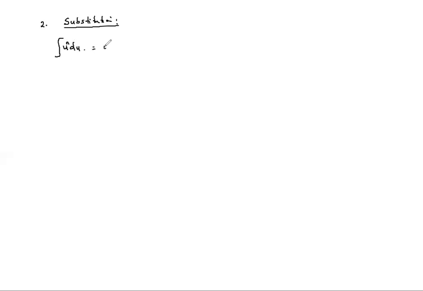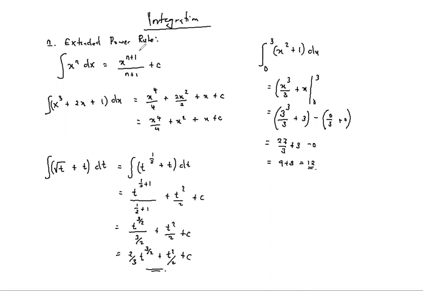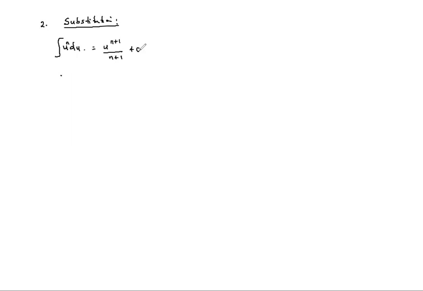This question will be integrated as u^(n+1) over n+1 plus c. What is the difference between the two? The difference is that here we mean questions like (x^2 plus 1) to the power 7 multiplied by x dx.